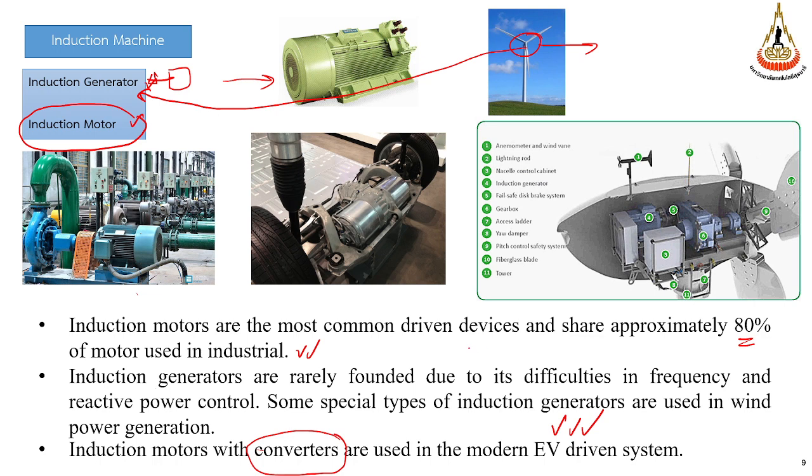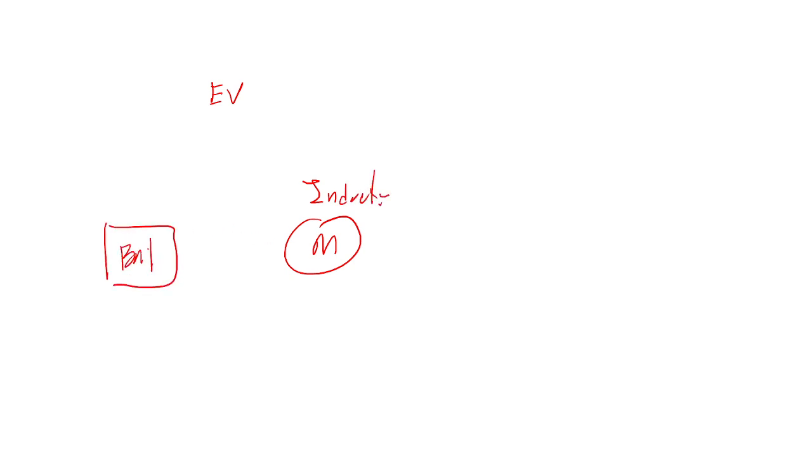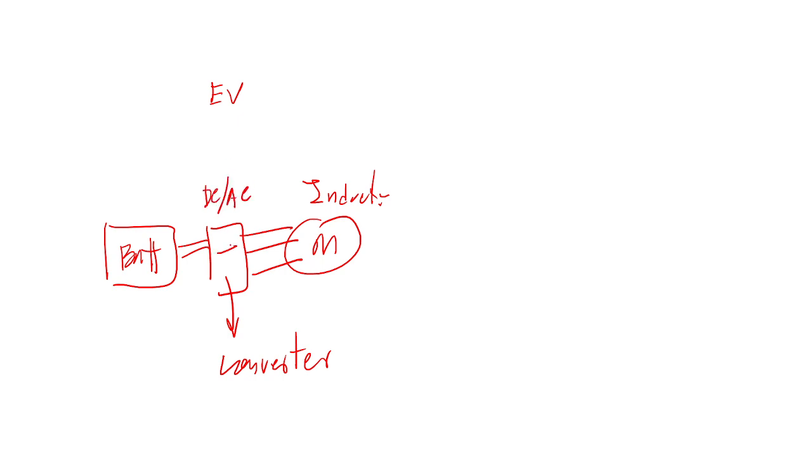So in an EV system, we use an induction motor, and the battery is driven by a converter. I think you will learn that after the midterm. It transforms DC to AC.